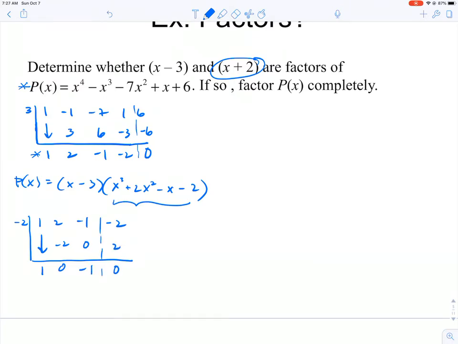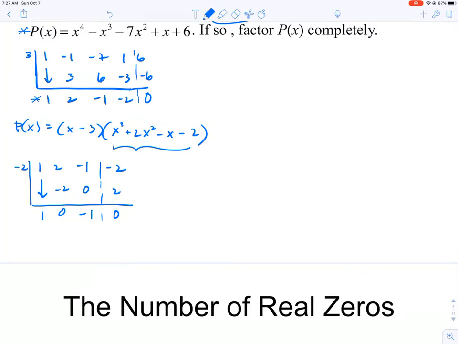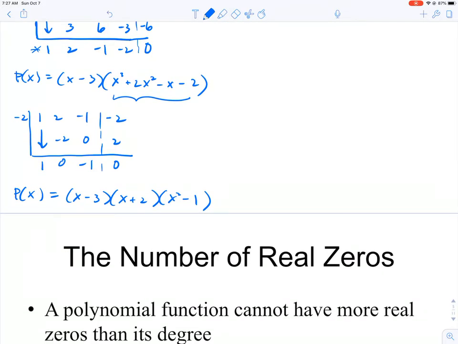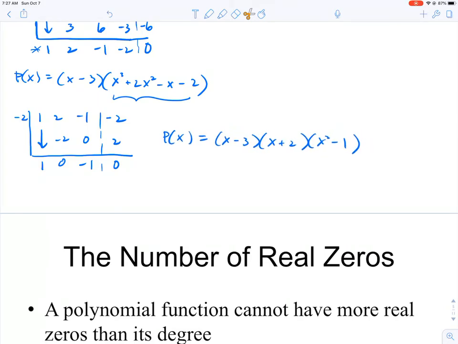And we can see that we get a remainder of 0, which means that p of x can be written as x minus 3 times x plus 2 times x squared minus 1. Well, you guys know what x squared minus 1 factors to. I'm going to move this over here so I can keep going.